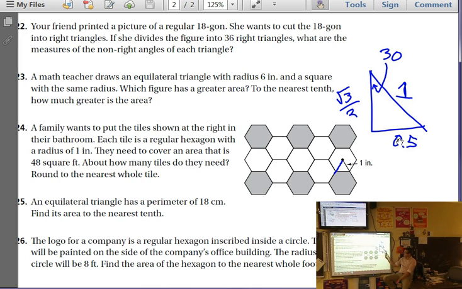This short edge of 1 really corresponds to half of one of the edges. So what would the entire edge there be? 1. So this is actually a really cool hexagon where its radius is the same as its edge length. So the perimeter here would be 6 because we have a hexagon. Wasn't that bound to happen?